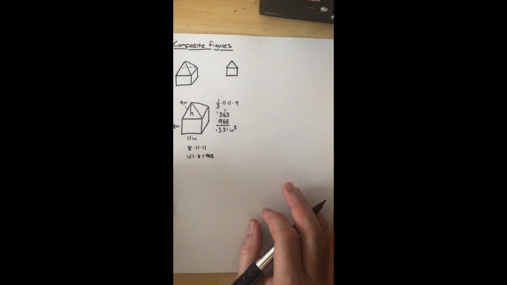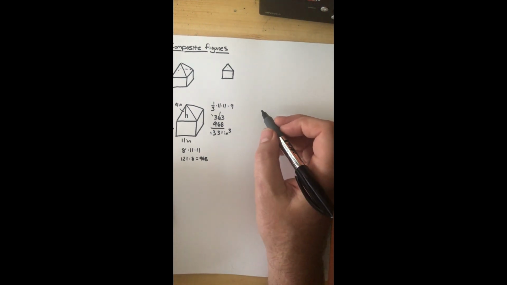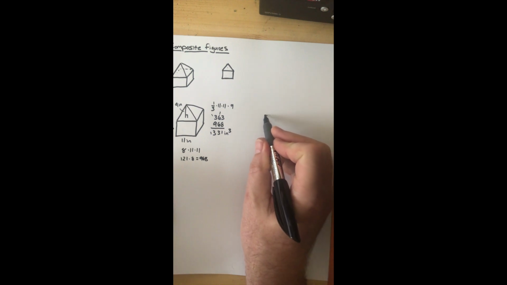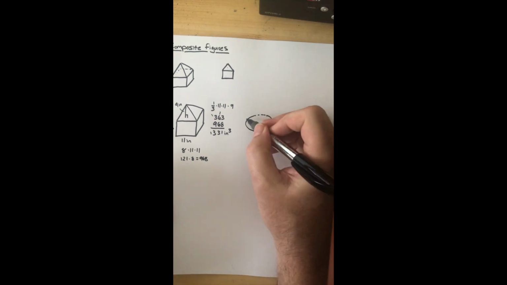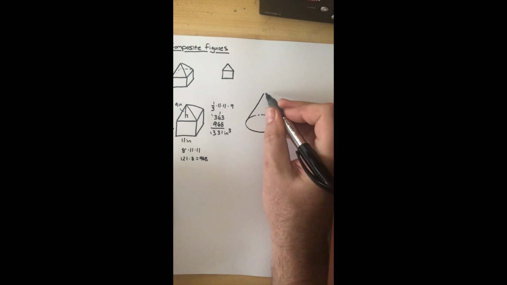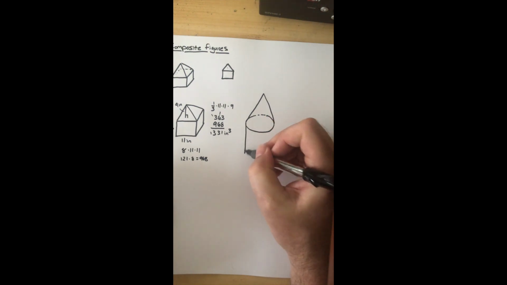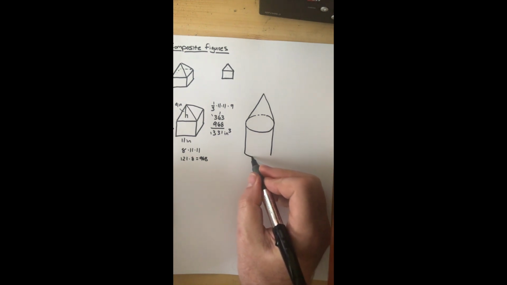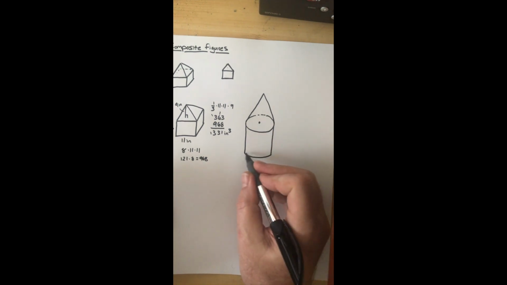We can also find the volume of cylindrical objects or circular objects. Let's make the bottom of a cone nice and round, and let's stick this guy on top of a cylinder.